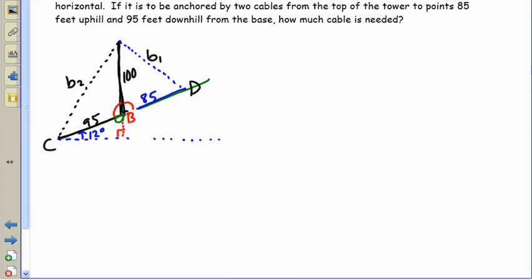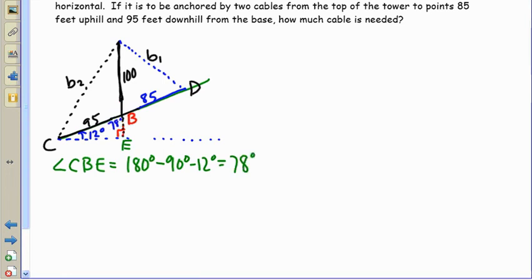So that angle in there, I'm going to call this E right here. So angle measure of CBE would be equal to 180 degrees minus 90 degrees minus 12 degrees, which gives me 78 degrees. So if I know this is 78 degrees, then I can figure out what this angle is by using the supplementary angles postulate.